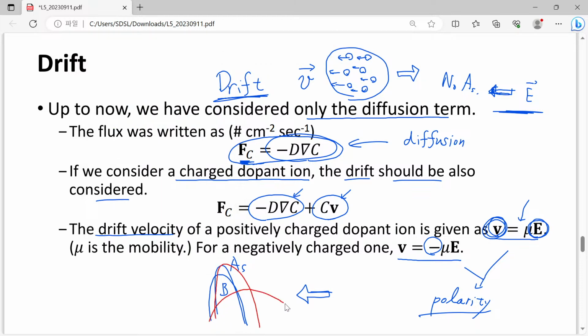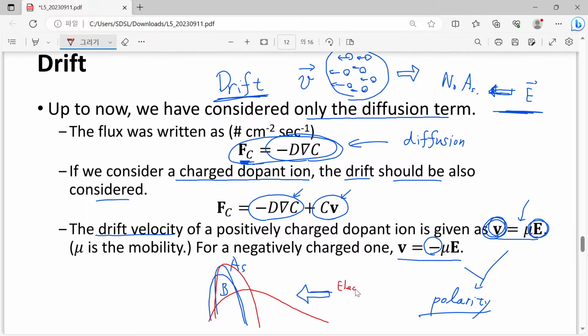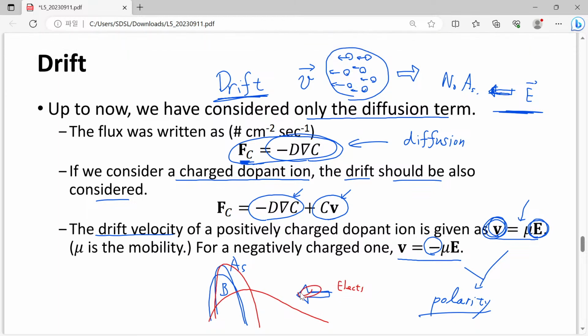However, quite a strongly driven boron profile, because this electric field will enhance the movement of boron. Of course, that is true if we just reverse the direction of our electric field, then these two atoms will behave in a completely different way.